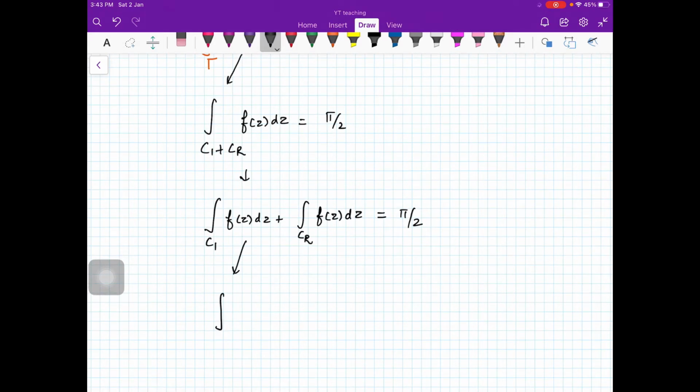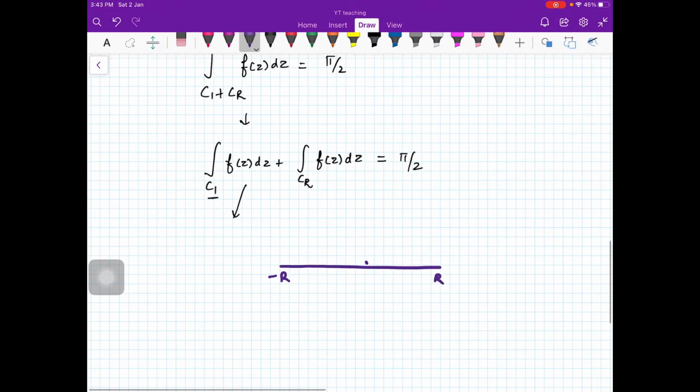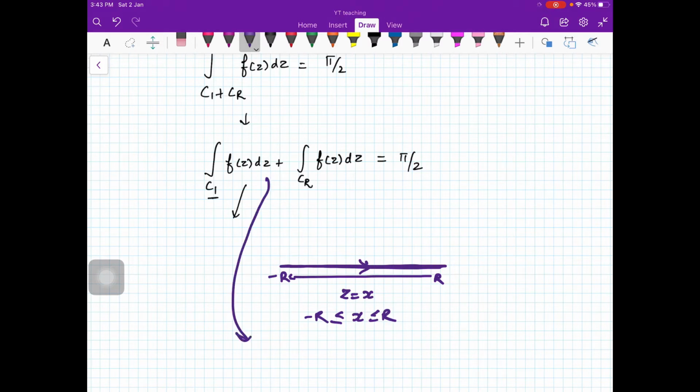This integral is C1. We will just first concentrate on this integral. You just parameterize C1. You see, what is your C1? C1 is this, from minus R to R, right? So if I want a parameterization of C1, it will be z is equal to x, because C1 is along the x-axis only. x is from minus R to R. And then dz will be dx.